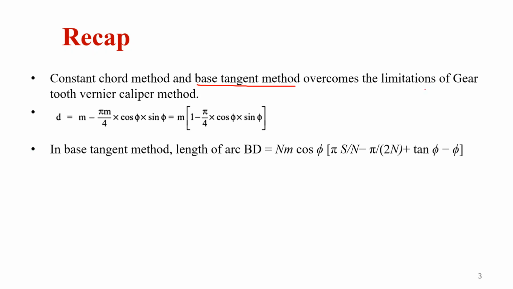Whereas in the gear tooth vernier caliper, we need to calculate the two parameters D and W. So these are the limitations in the base tangent method and gear tooth vernier caliper method, and this can be overcome in the constant chord method.